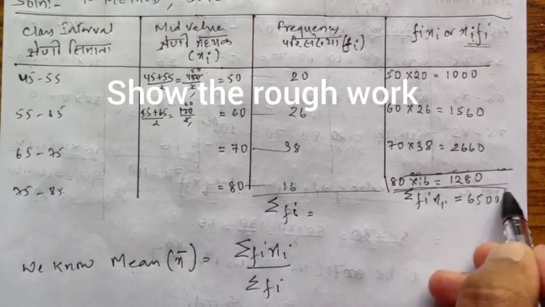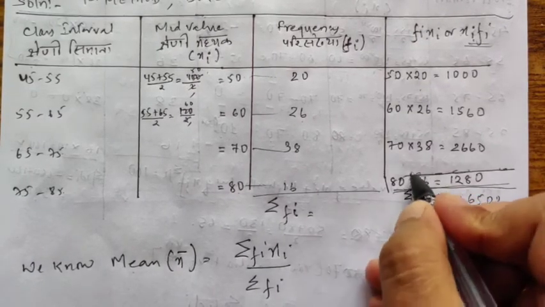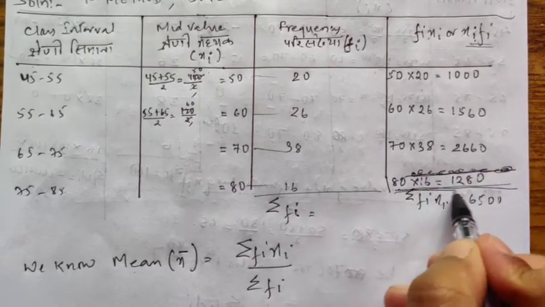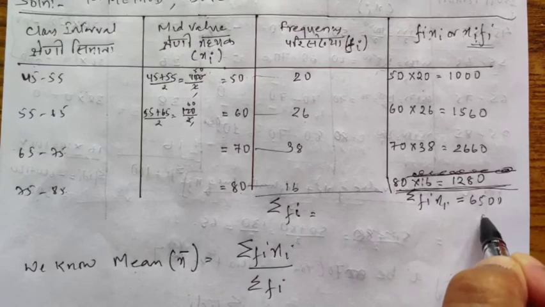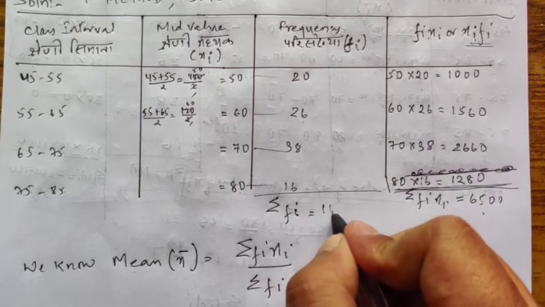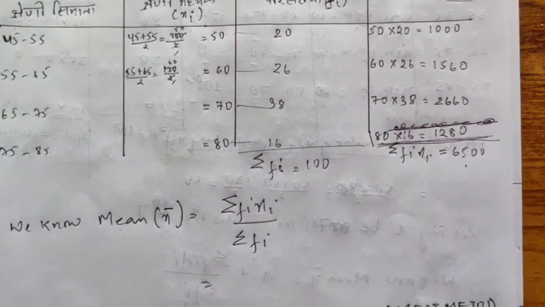You can draw a line here to separate. So summation fi xi is 6500, and you add this summation fi. Summation means addition. 20 plus 26 plus 38 plus 16, which is 100. So now I know the formula for the direct method. It is summation fi xi by summation fi.